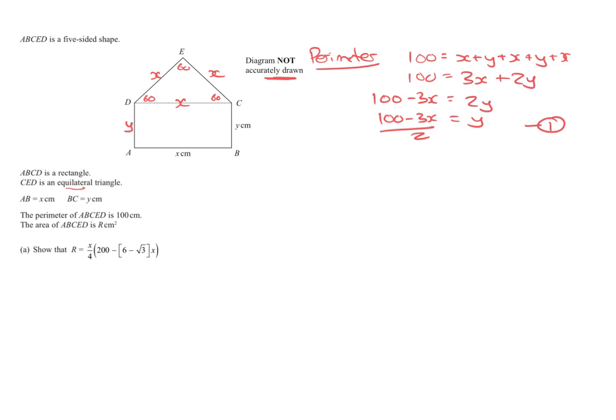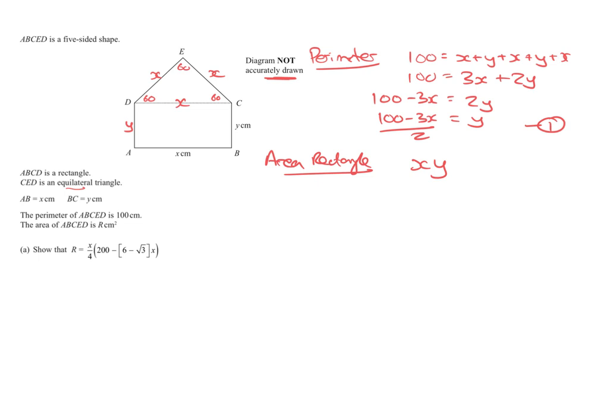So next thing, let's look at the area of the two composite shapes. Let's go for the rectangle first. That's ABCD. And the area of the rectangle will simply be base times height. So that is xy.